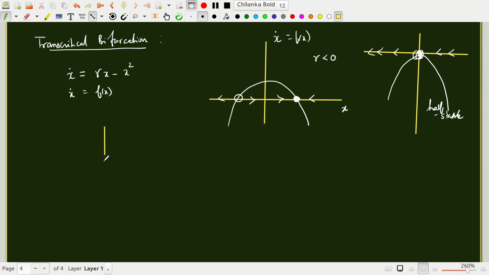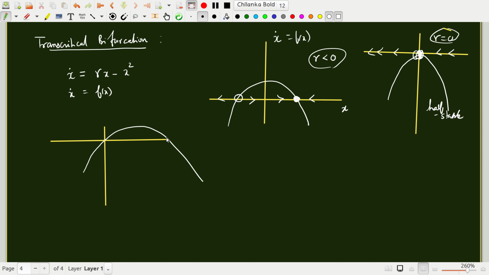Now for r greater than 0, when r is greater than 0, you now get this becomes unstable, whereas this becomes stable.